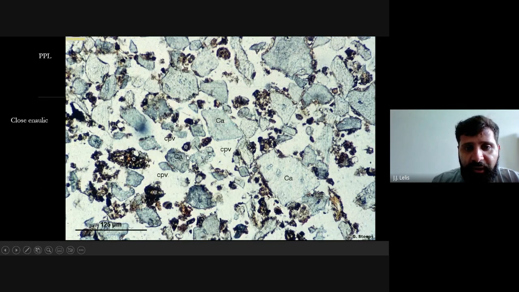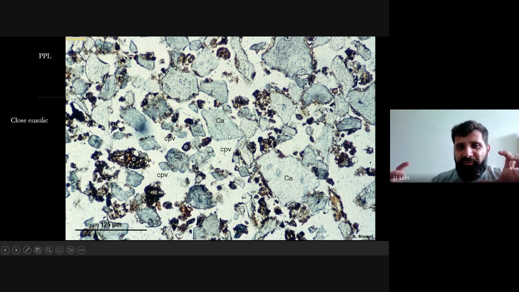So here I can see a closed enaulic CF ratio because the coarse bodies touch each other. This coarse grain touches another coarse grain, and this touches another.